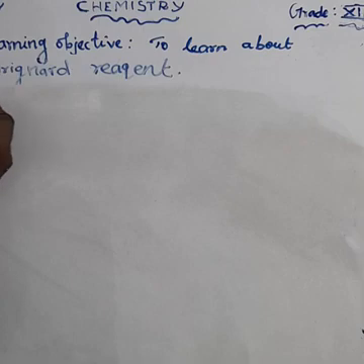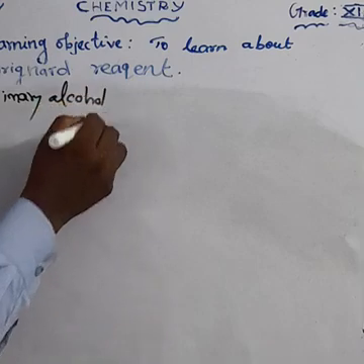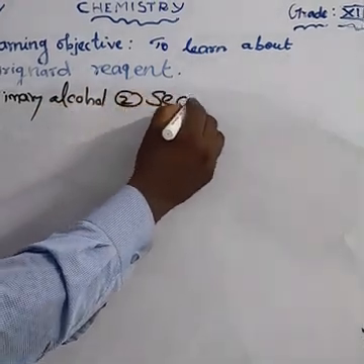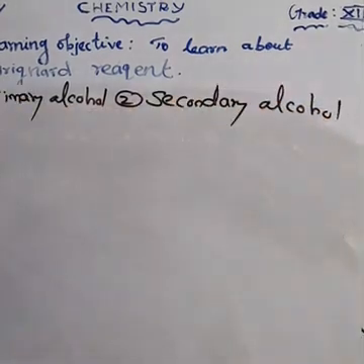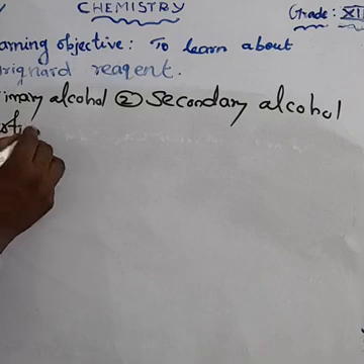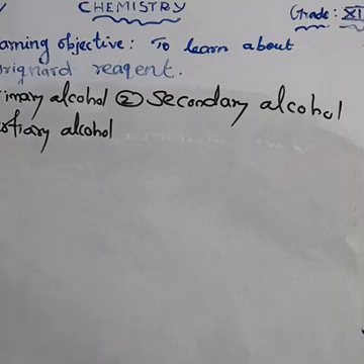By means of Grignard reagent, we can prepare some important compounds, for example primary alcohol, secondary alcohol and tertiary alcohol, and also carboxylic acid, etc. Some compounds can be prepared by means of Grignard reagent. Okay, this is one of the synthetic uses.